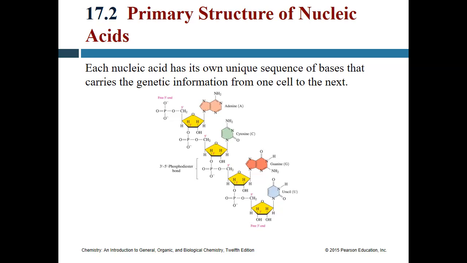Here, these phosphate groups don't quite behave the same way. The phosphate doesn't attach to just one of the sugars. It actually attaches to 2 sugars. Got a phosphate attachment here to this sugar here at the 5th carbon, and we've got an attachment to this sugar at the 3rd carbon.